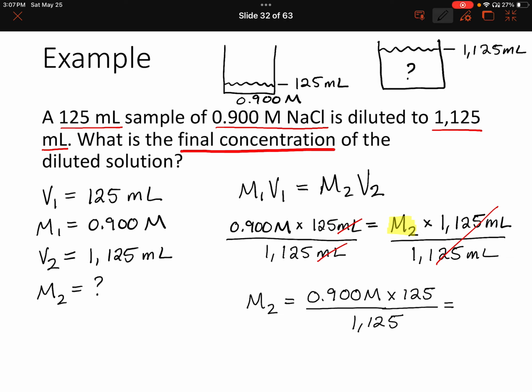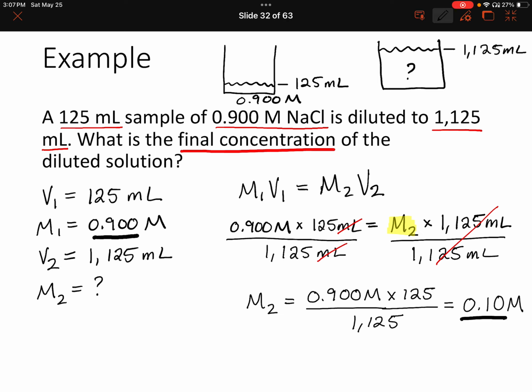Okay, so let's plug that into our calculators. And we should get 0.10 moles per liter. All right, so let's compare that to our initial concentration and make sure that we did in fact decrease our concentration. So it looks like we went from 0.9 to 0.1. So we in fact did dilute our solution.